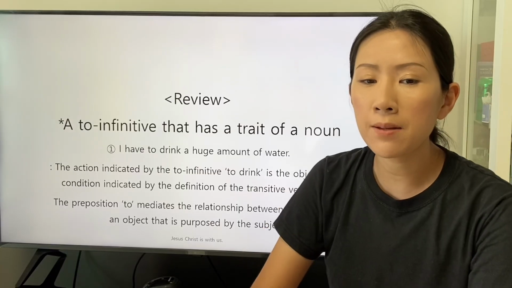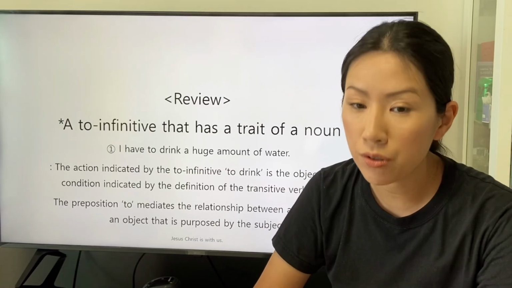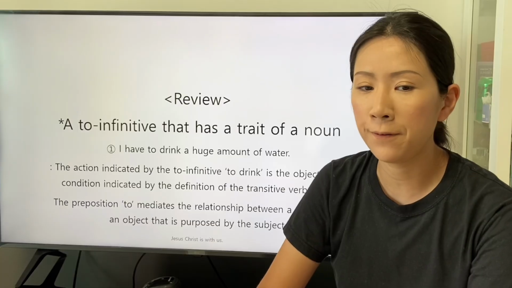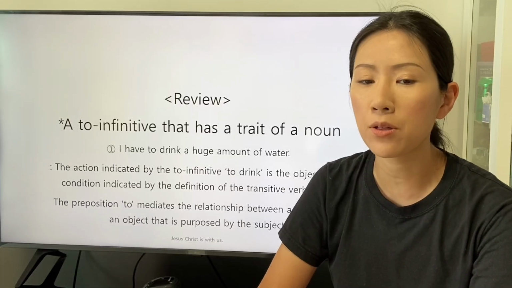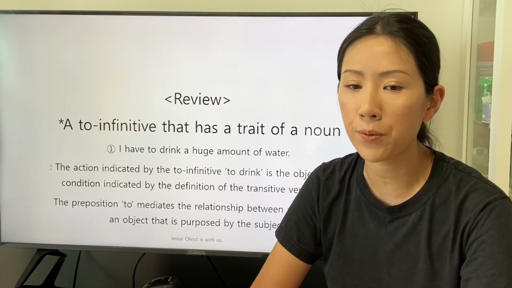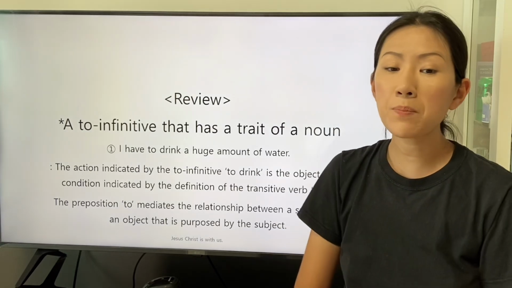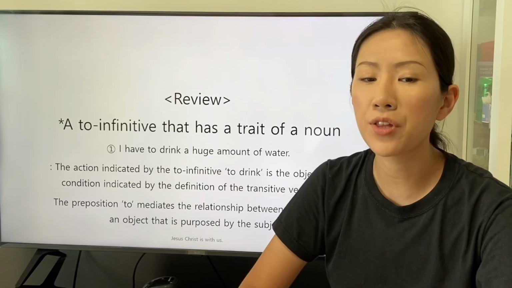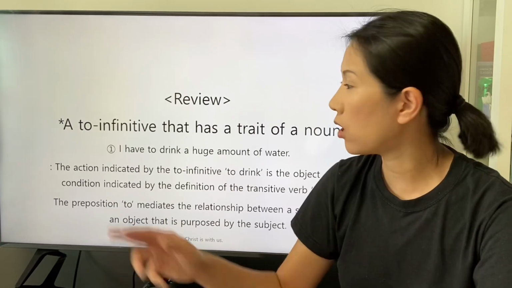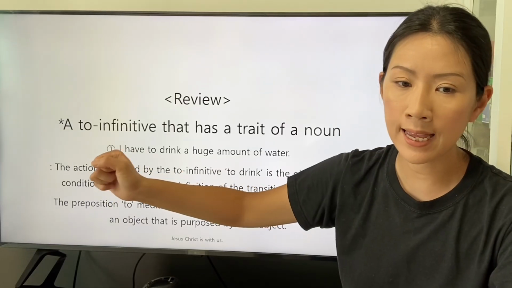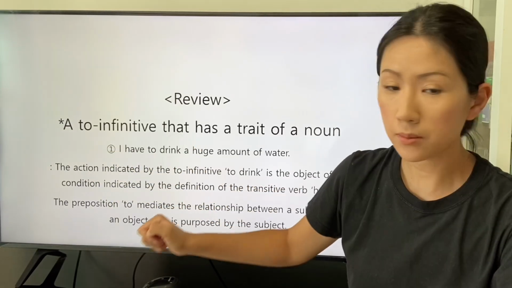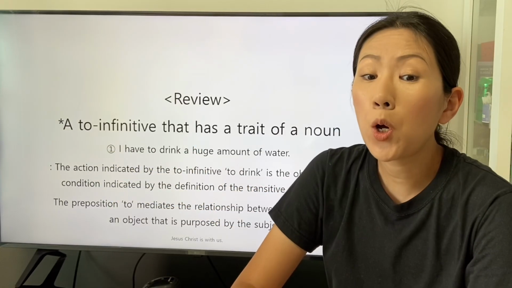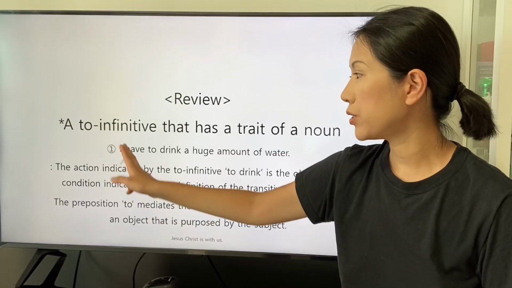The action indicated by the to-infinitive to drink is the object of the condition indicated by the definition of the transitive verb have. The preposition to mediates the relationship between a subject and an object that is proposed by the subject, who is the speaker.